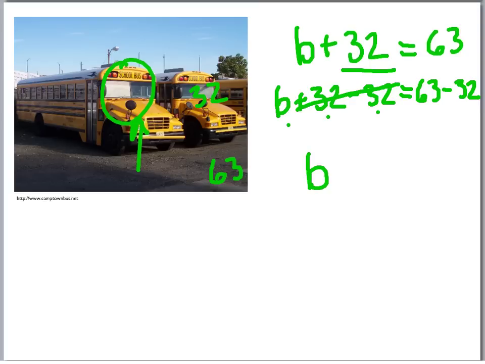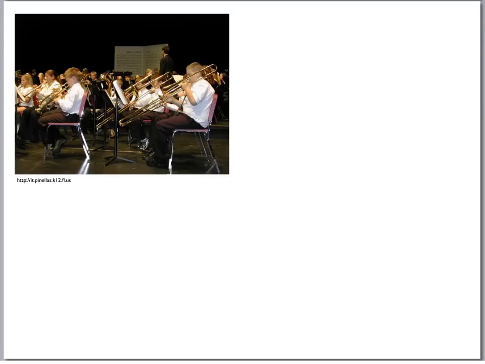And leave just B. There's your equal symbol. So on the right side, we have 63 minus 32. That's going to leave us 31. Simple. I know it's easy the other way, but we're doing the basics for algebra. So let's try a couple more problems like this. Let's say that there are 57 students in the school band.